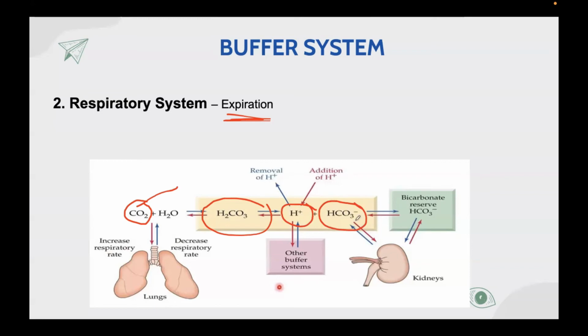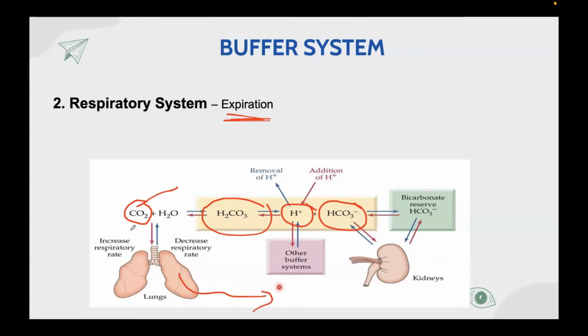Okay? And then the bicarb ion will be regulated by the kidney. So, kung babalik lang natin ang ating equation, yung HCO3 plus hydrogen, magiging H2CO3 siya, pabalik siya hanggang sa maging carbon dioxide na pwede na siyang i-excrete ng lungs.